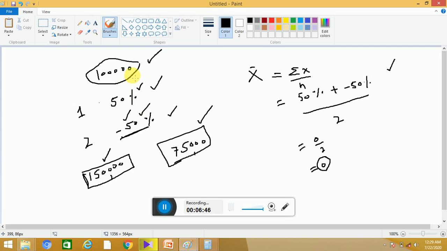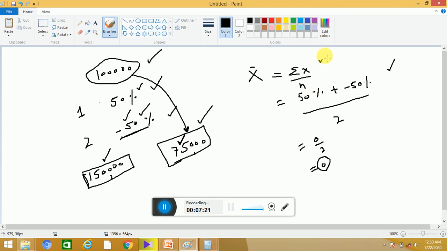But actually there is a 25% loss. So 1 lakh plus 50% becomes 150,000, then a 50% loss becomes 75,000.